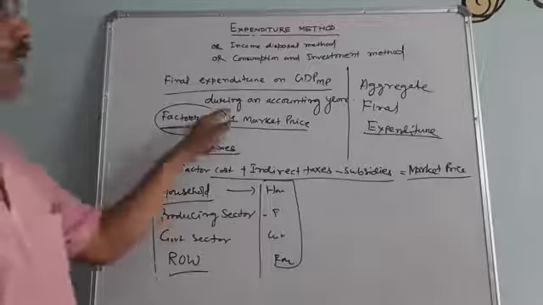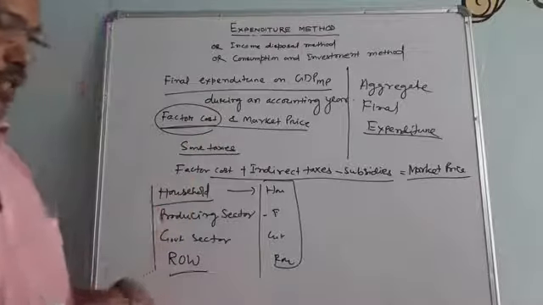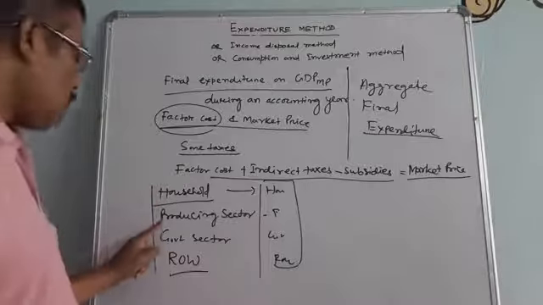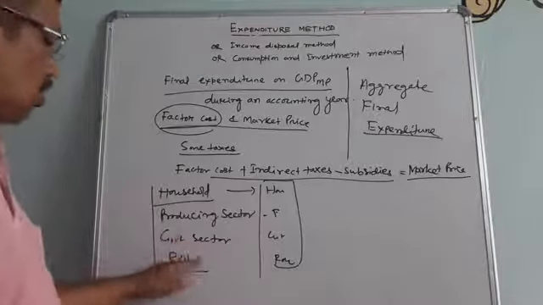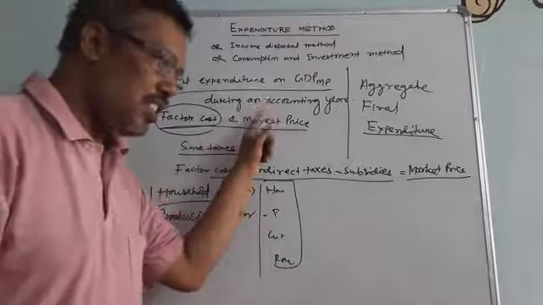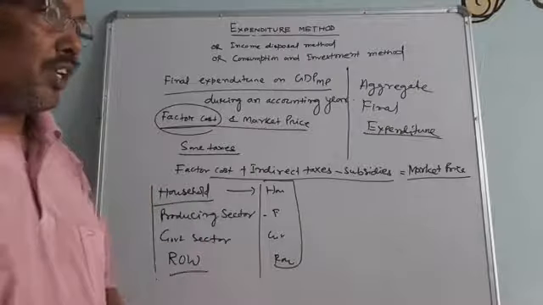Whenever the goods are purchased by the consumer, maybe the household, the producer sector, the government sector, or anybody else in the rest of the world, they are expending money.